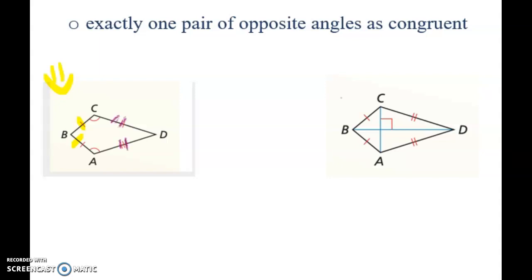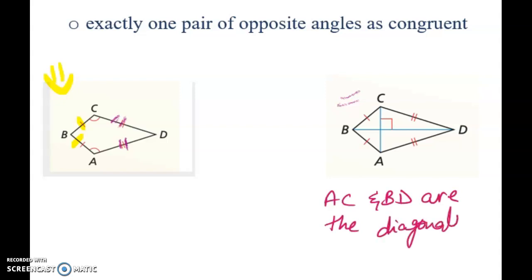And in this case, we are talking about the diagonals. So AC and BD are the diagonals, right? And they are perpendicular. That means they are creating 90 degrees.